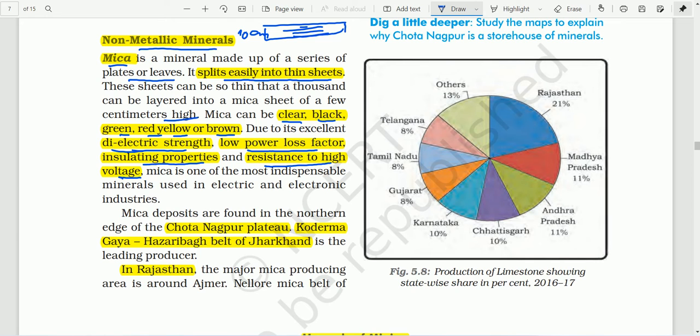And so it has also insulating properties and high resistance to voltage, and that is why it is used in the electrical and the electronic industry. When you open your mobile phone, I think you will be seeing a plate, greenish in color, and on that plate so many things attached, these ICs and other parts attached, and that thin sheet is made up of mica. Okay, printed circuit board, that is PCB, is made up of this mica.